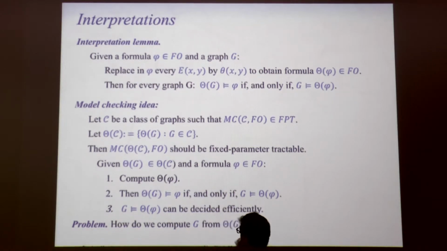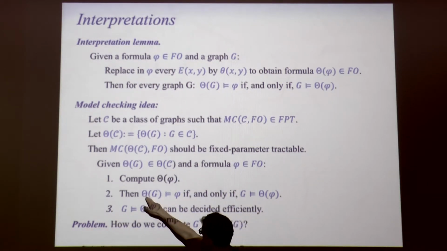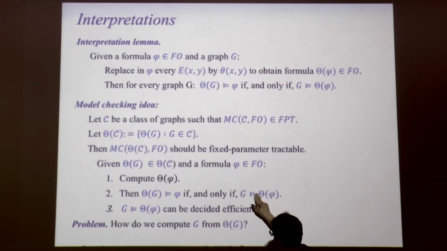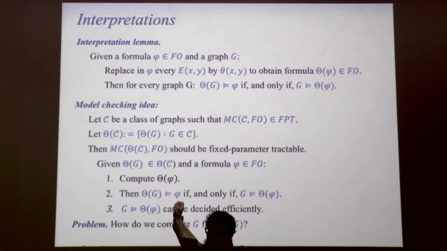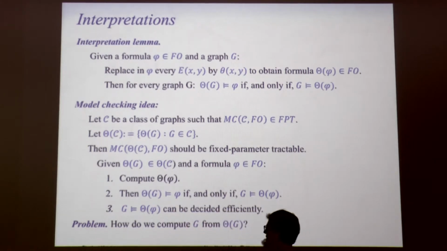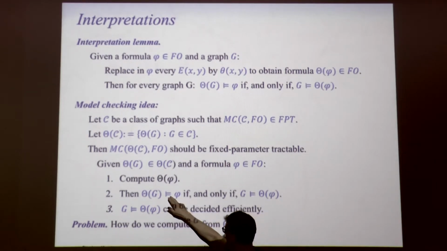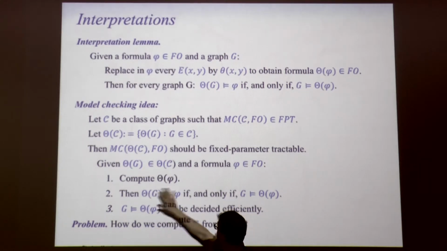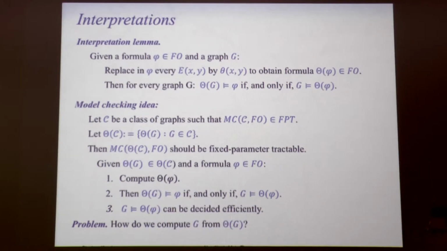Then you want to verify whether this formula is true here if and only if this formula is true in the original graph that this one came from. And this you know how to do. So the only remaining step is how you actually go from here to here. For this, we can assume we know the interpretation, because there aren't too many interpretations you can use. But it's still a computational problem how you go back.